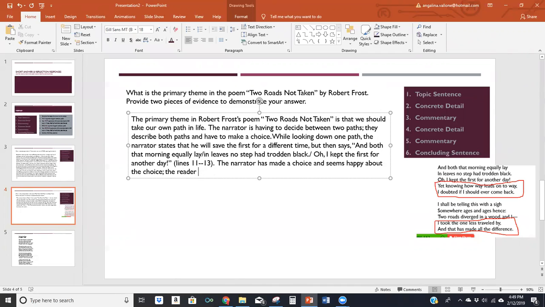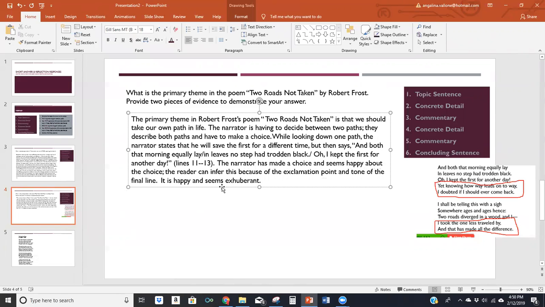The reader can infer this because of the exclamation point and tone of the final line. It is happy and seems exuberant. Okay, so that explains that part.